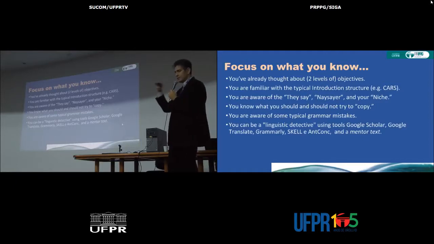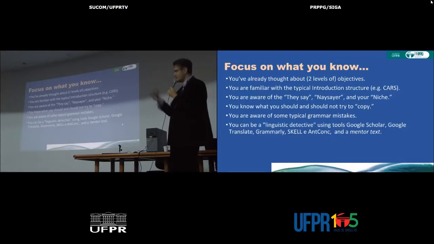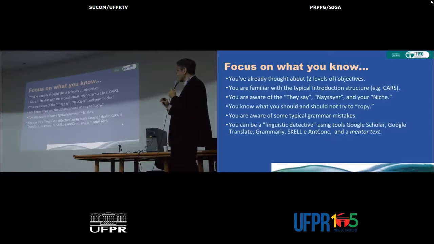You're familiar with some structures, some formats, of introduction. You are aware of things like they say, I say. You know about the naysayer. You know about the niche. You know what you should and should not try to copy, where you can Control-C, where you can Control-V.